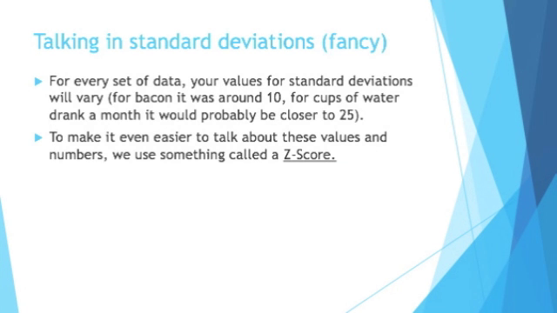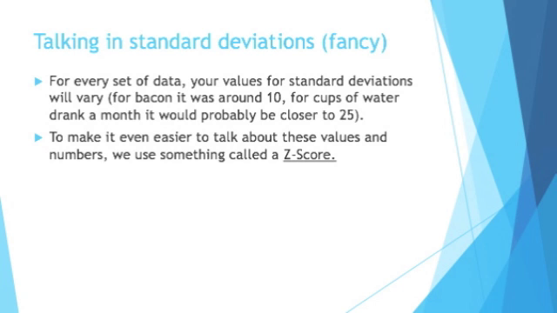So to make things more technical, fancy sounding if you will, there's another way we can talk about standard deviations. Sometimes you don't want to explain the individual values for your standard deviations. You don't want to have to say, for our bacon, a standard deviation was 10 pieces a month. Or for cups of water, our standard deviation was 25 cups a month.